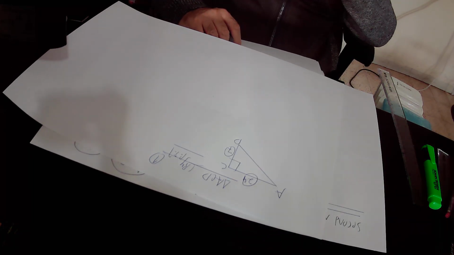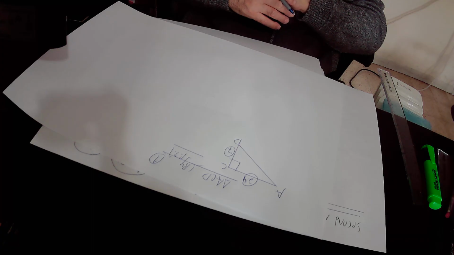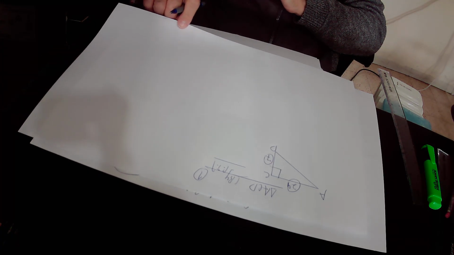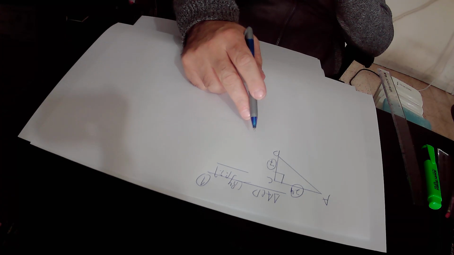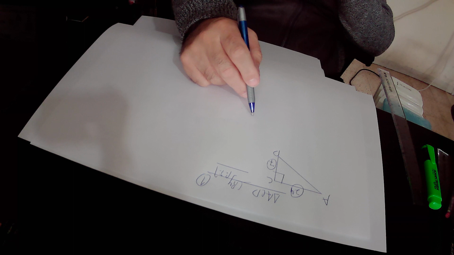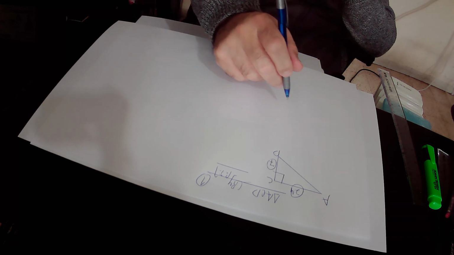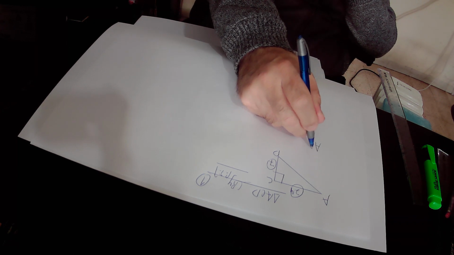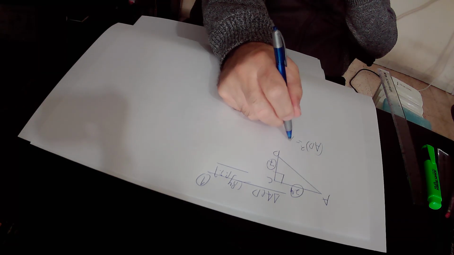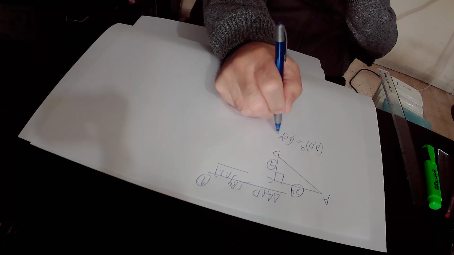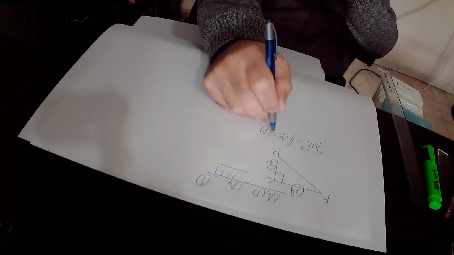This is the right triangle ACD, as we recall from the original drawing. Here PT is a reference to the Pythagoras theorem. According to the Pythagoras theorem, in this right triangle ACD, AD square equals AC square plus CD square.